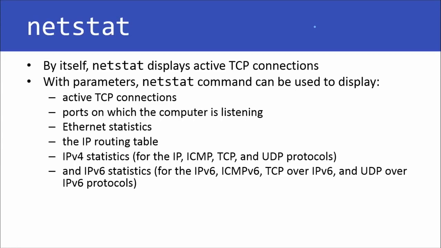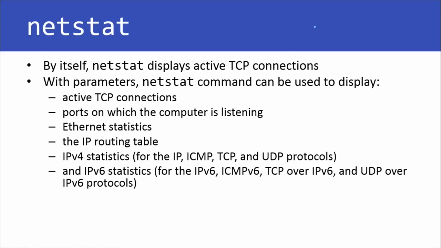With some specific parameters, additional characters that are provided after a space after netstat, this command can be used to display not just the active TCP connections, but ports on which a computer is listening, Ethernet stats, the IP routing table, IPv4 statistics, and then also IPv6 statistics as well.